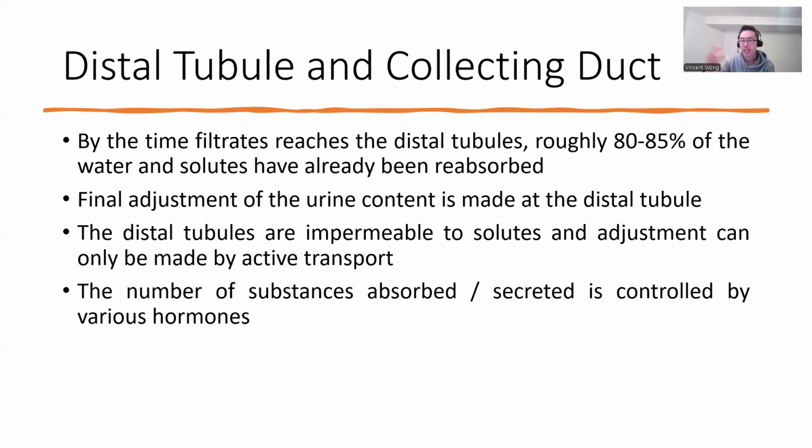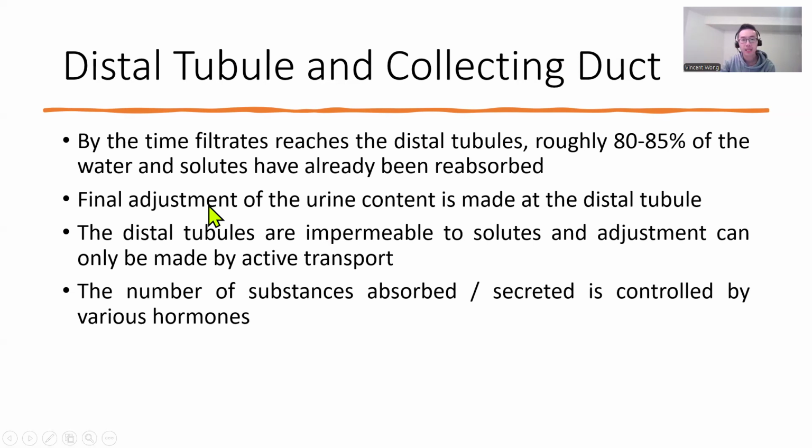So what you take back, what you leave behind will depend on the needs of the body. Sometimes you need more calcium, then you're going to take back more at the distal tubule and collecting duct. These locations are where you will be making final adjustments to the urine. Remember, after the collecting duct, it's the point of no return. There is no more adjustments allowed. It just goes out to the bladder and it will leave the body.